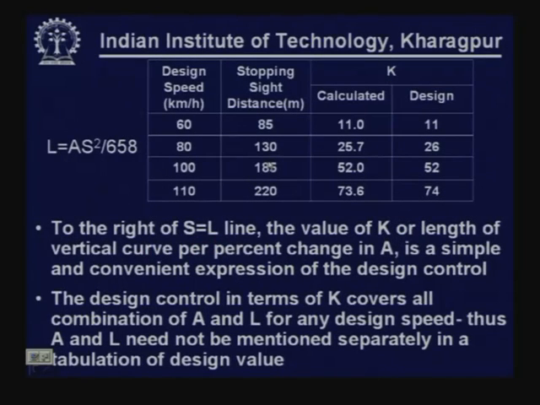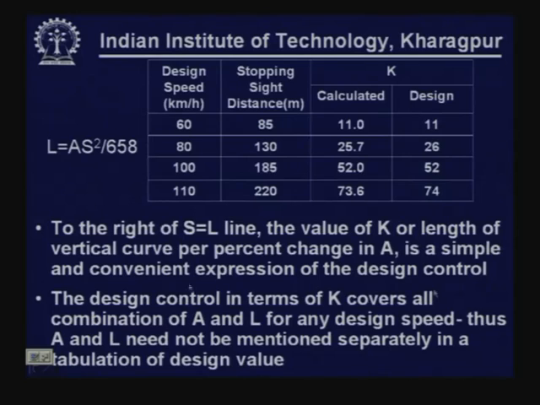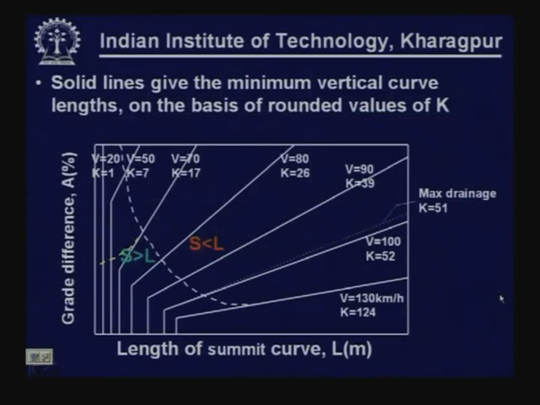Now, to the right of the S equal to L line, there are two different formulas to calculate the length of the curve: one when L is greater than S, and another when L is less than S. This dotted line indicates when S equals L. On the right side it is S less than L, and on the left side it is S greater than L. To the right side of the S equal to L line, the value of k, or the length of vertical curve per percentage change in A, is a simple and convenient expression of the design control.